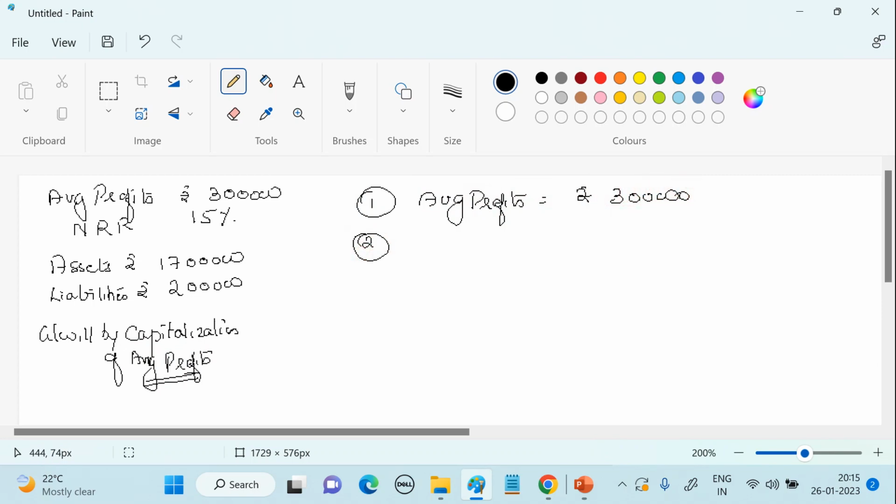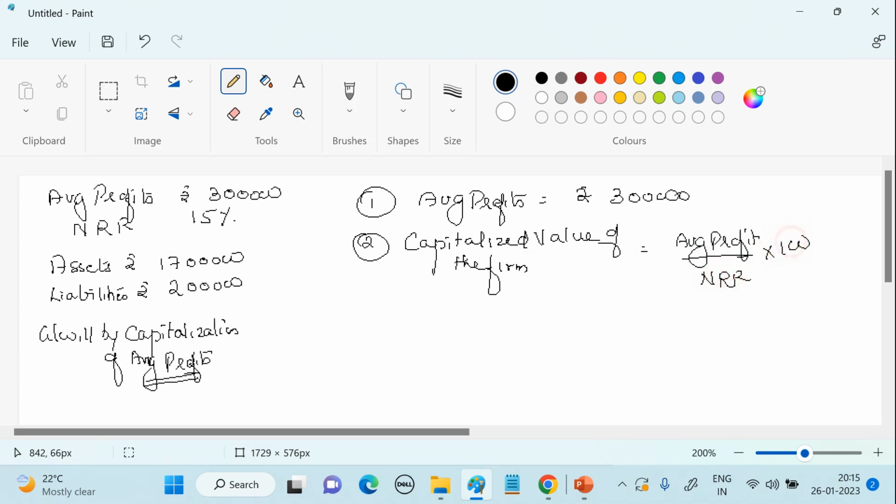Then second, we will capitalize the average profit. We'll find the capitalized value of the firm, which is average profit by normal rate of return into 100. So that would be how much? 3 lakhs divided by 15 into 100.